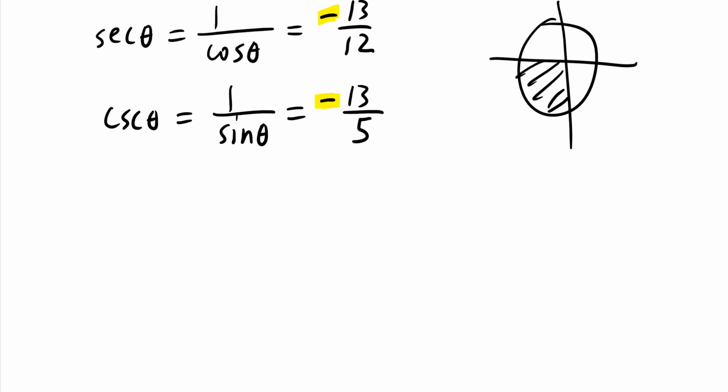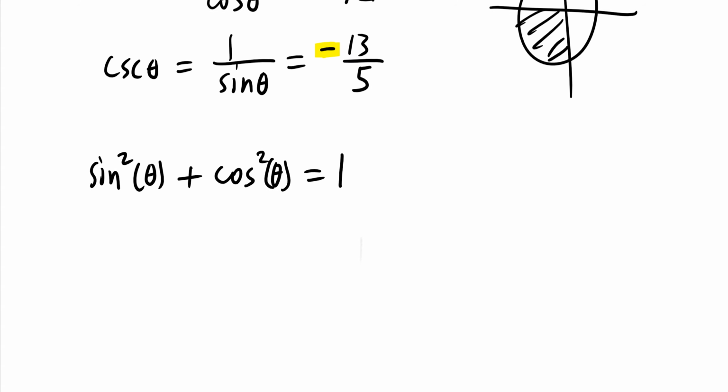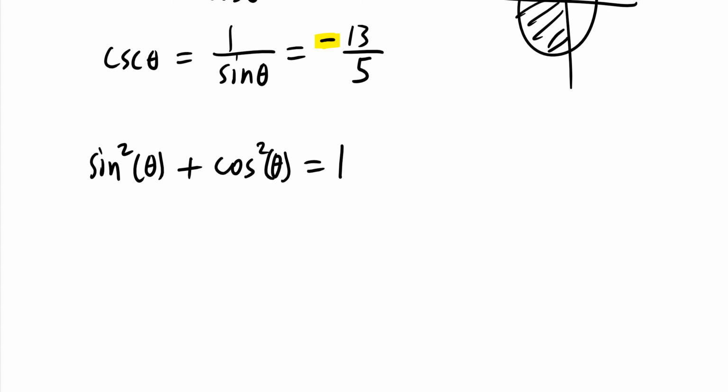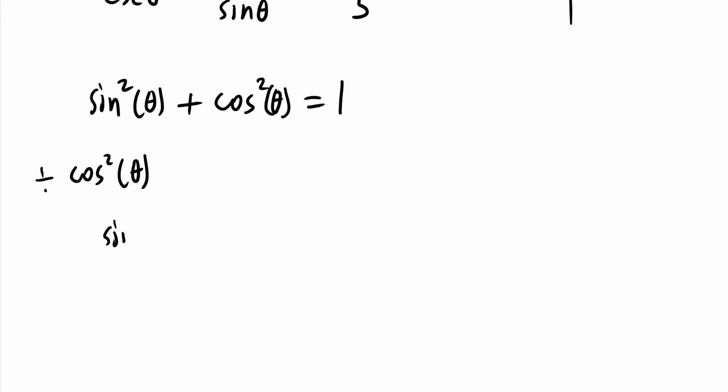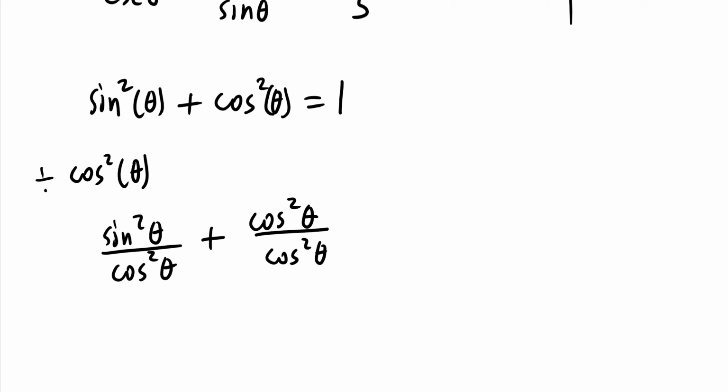Back to the identity, sine squared theta plus cosine squared theta equals 1. If we divide everything by cosine squared theta, assuming it's not 0, what do we get? We get sine squared theta over cosine squared theta plus cosine squared theta over cosine squared theta equals 1 over cosine squared theta.